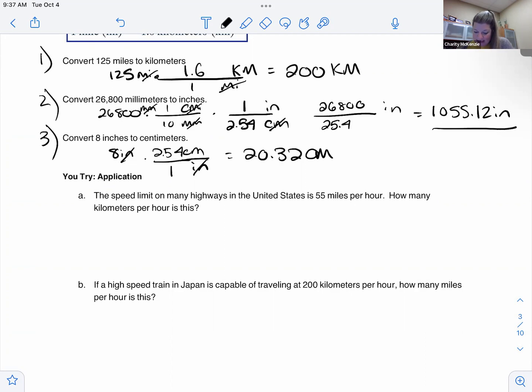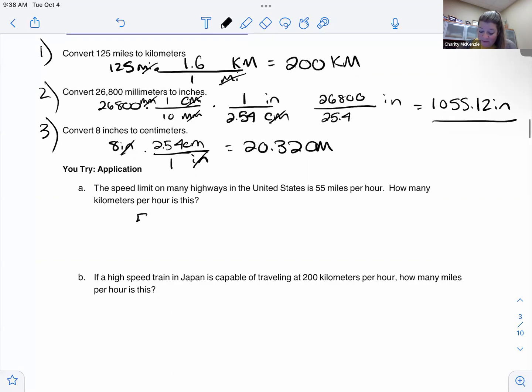All right. Here's a couple application problems. The speed limit on many highways in the United States is 55 miles per hour. How many kilometers per hour is this? So we want to convert our miles per hour to kilometers per hour. So let's think about what miles per hour means.